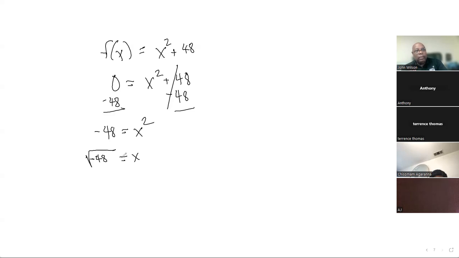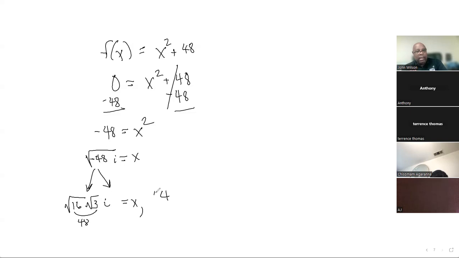You could say the square root of negative 48i equals x. The question is, what happens with this? I say you break it up. Square root of 16, square root of 3, because 16 times 3 is 48, times i equals x.